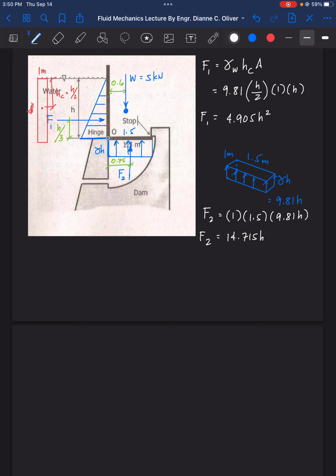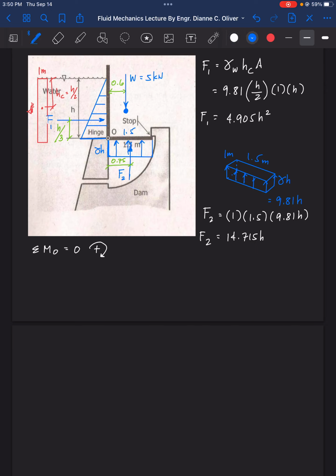Now we have the summation of moments at O equal to 0, taking clockwise as positive, so F1 is positive.